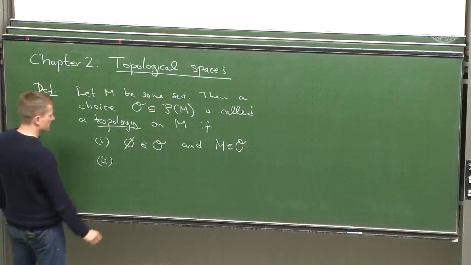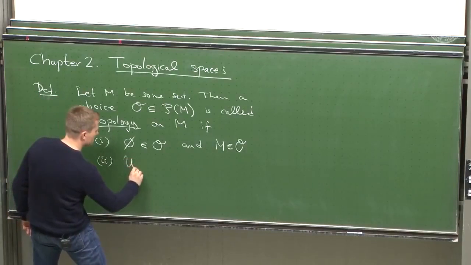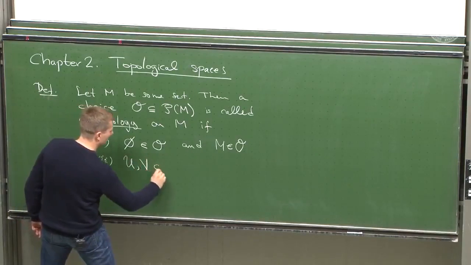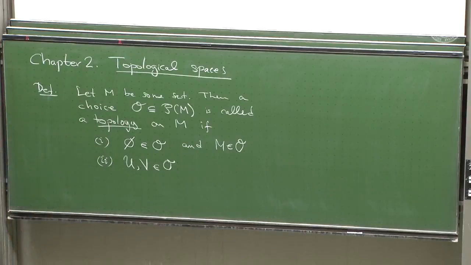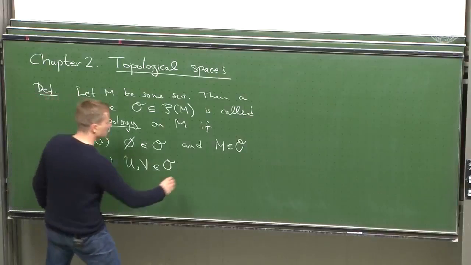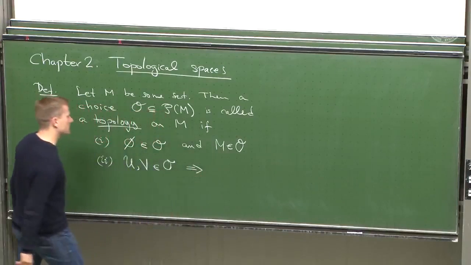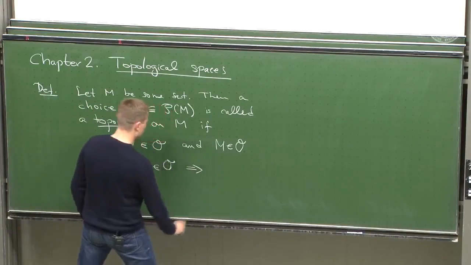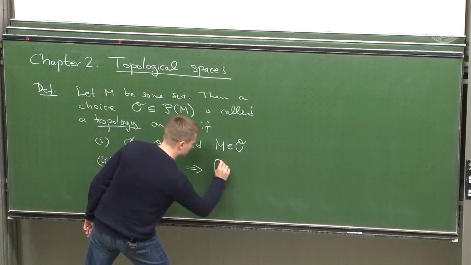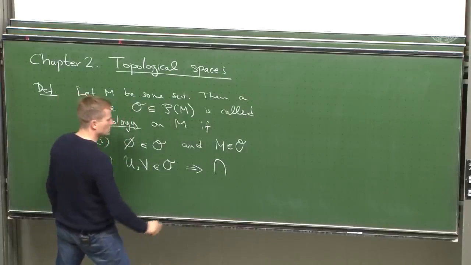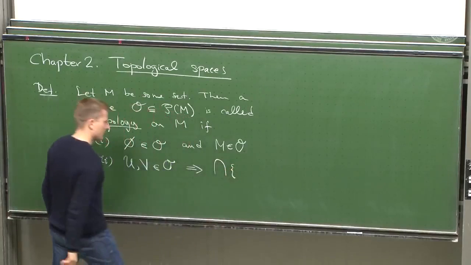The second condition is if you have two sets U and V that are already in your choice, then it's a requirement that their intersection, very importantly, their intersection, is also in your choice.